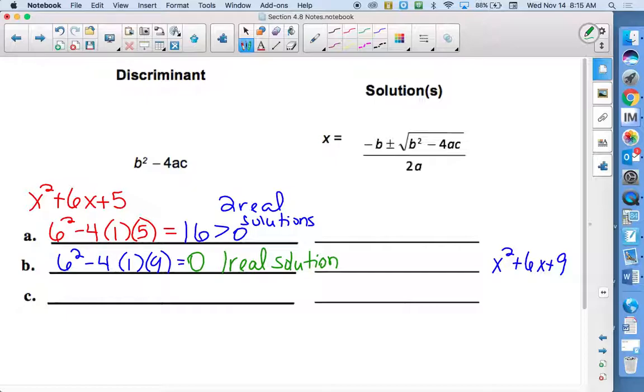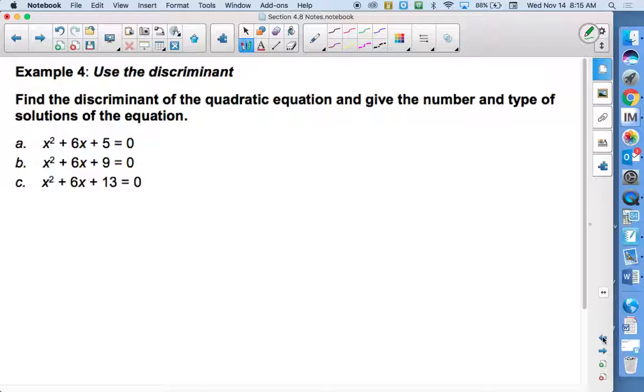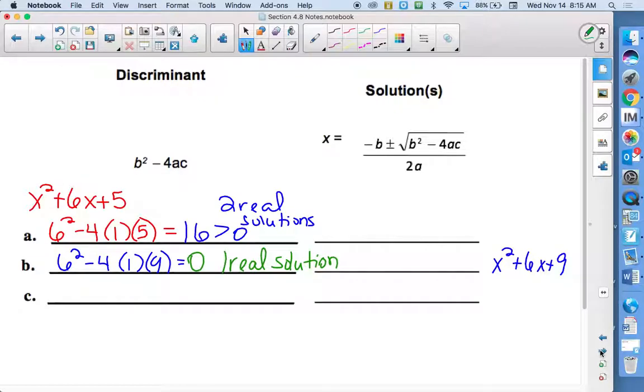And then the last one they gave us up here, we have x squared plus 6x plus 13. So the discriminant, we have 6 squared minus 4 times 1 times 13. The discriminant is really just finding that little piece of the quadratic formula.